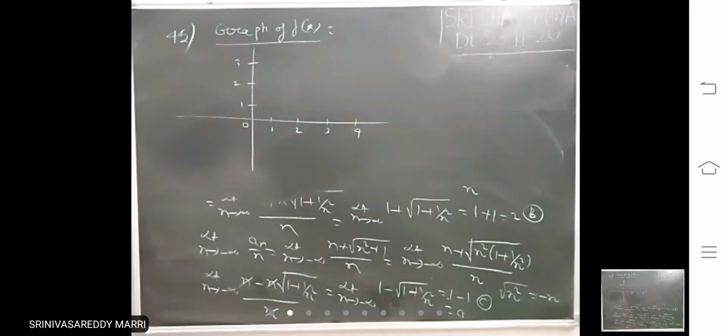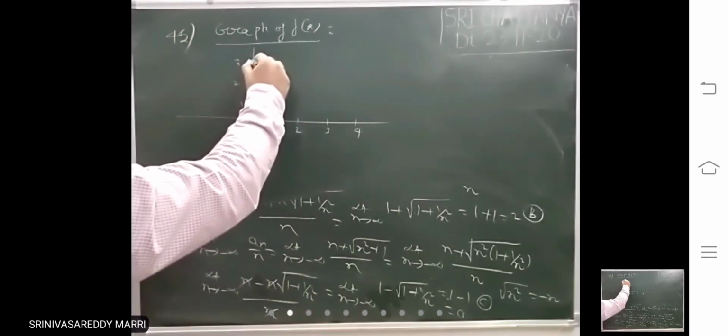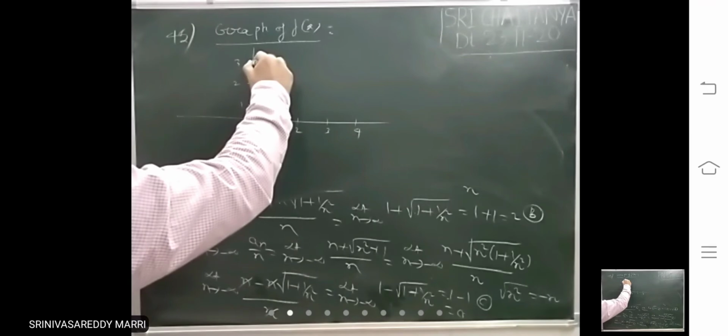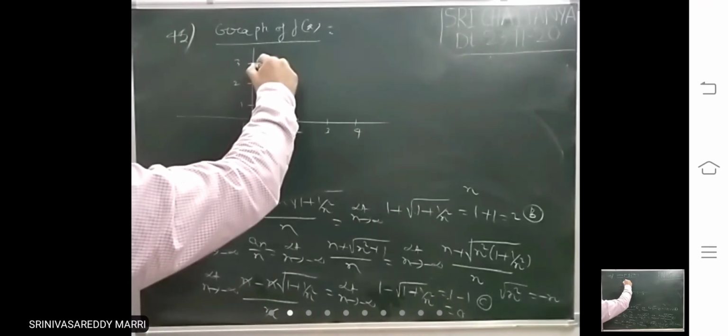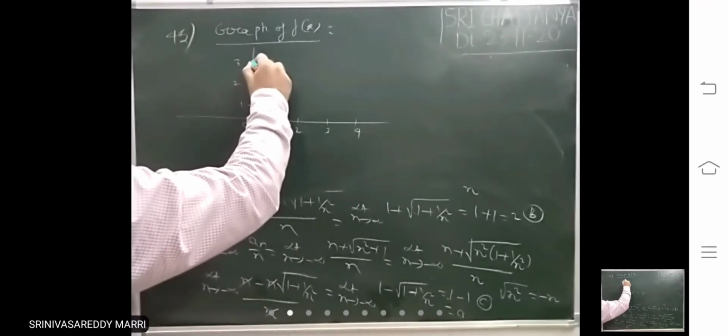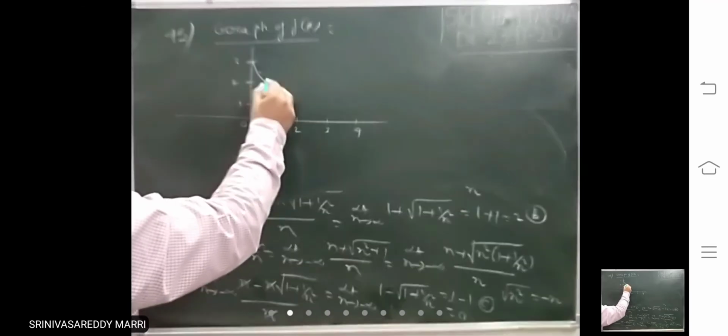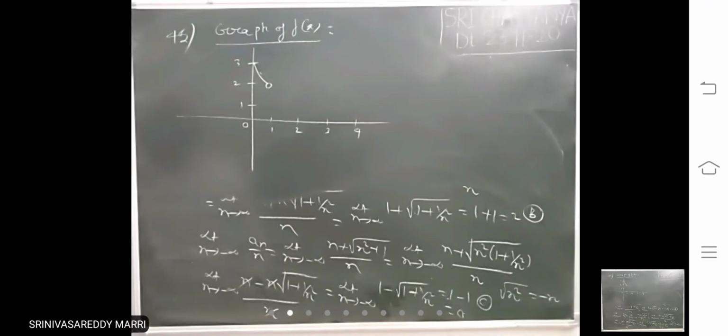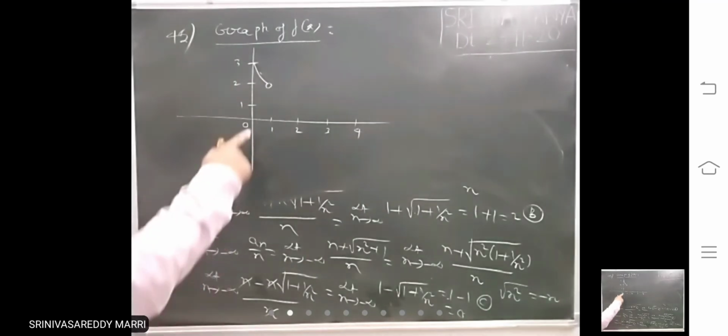Look at what he is telling. Graph is like this. From here to here, this is a white circle.